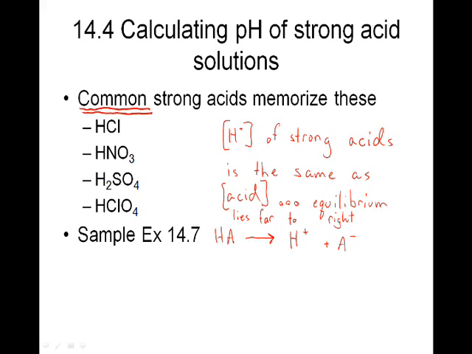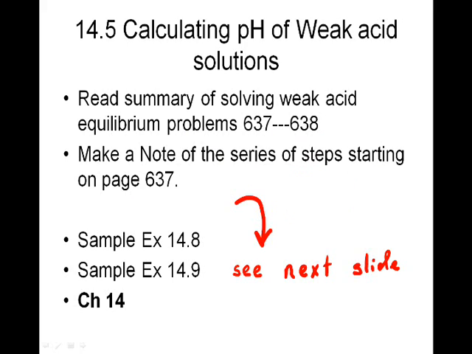And keep in mind that for these strong acids, the hydrogen ion concentration of a strong acid is equal to the concentration of the acid because the equilibrium lies far to the right.